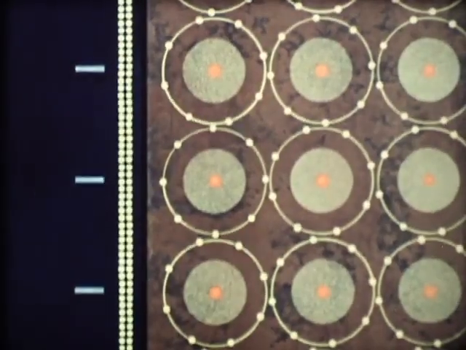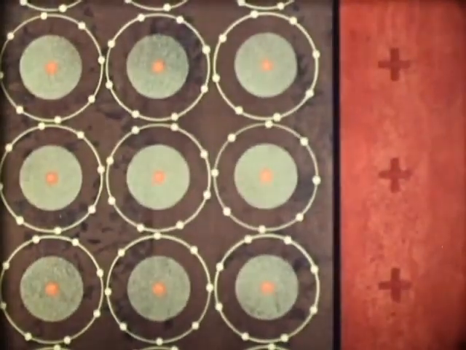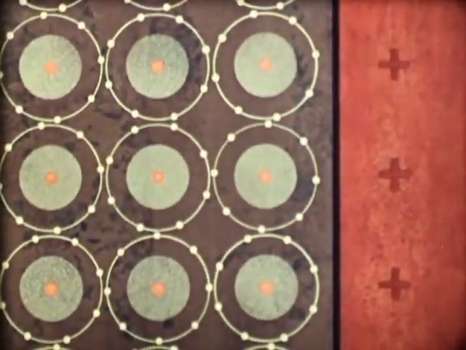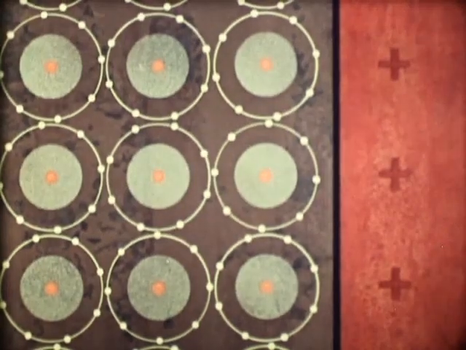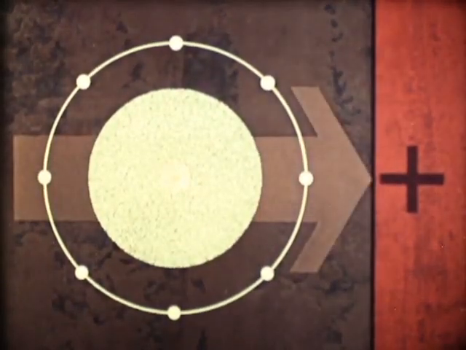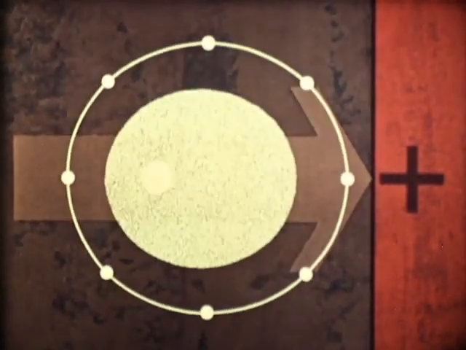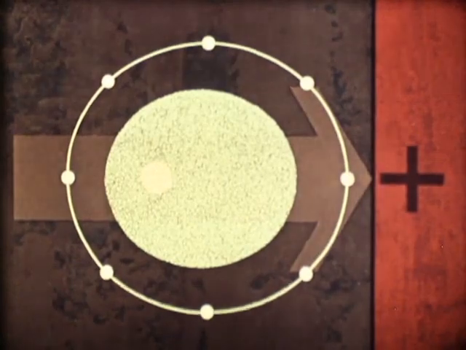The negative charge at the left and the positive at the right. The electric field created between these two charges exerts a force on the electrons, directed to the right. Consequently, all the electrons of the atom will move slightly to the right, but they will not break away from the nucleus.